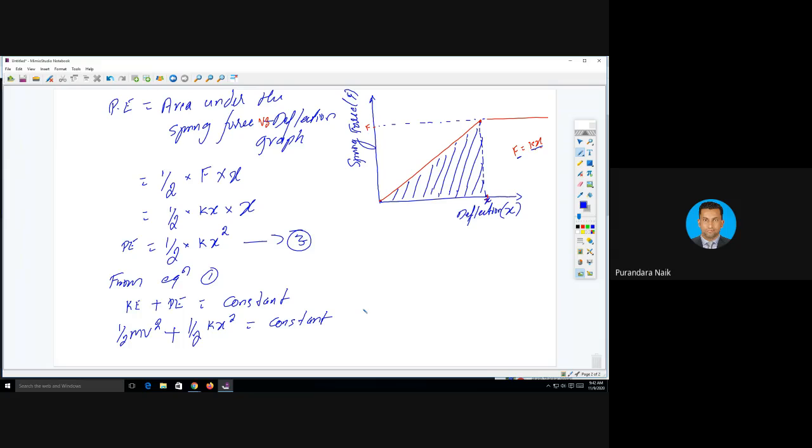Differentiate the above equation with respect to time.